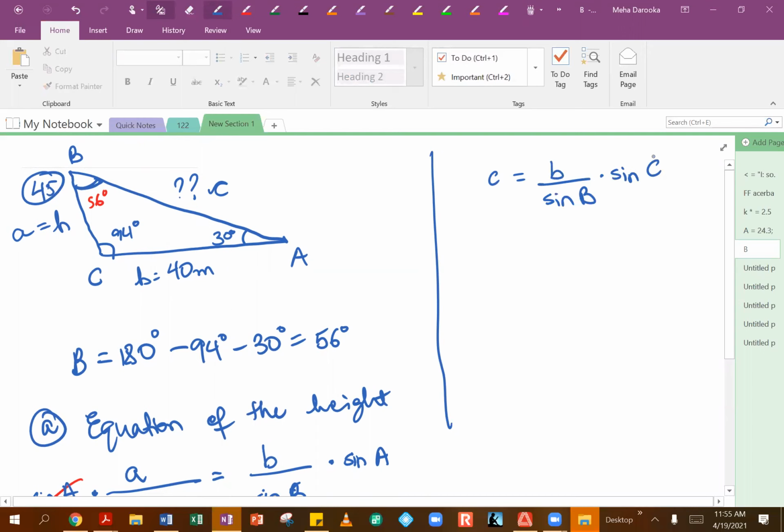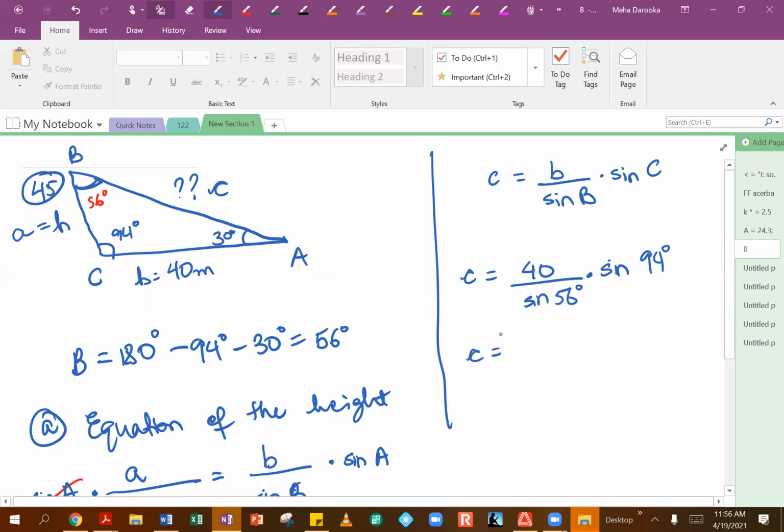So again, just using the known side that we knew, which was side B or 40 meters, using the angle for that, and then sine C. Alrighty, perfect. So this guy would then come out to be 40 over sine of 56 degrees, and then of course you're just multiplying this with sine of 94 degrees in this case.